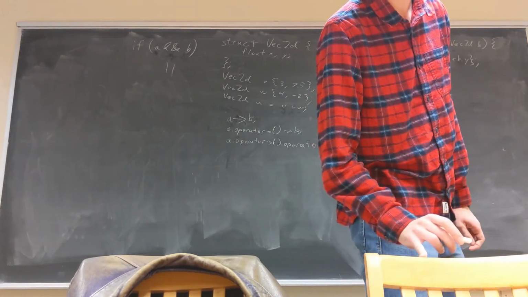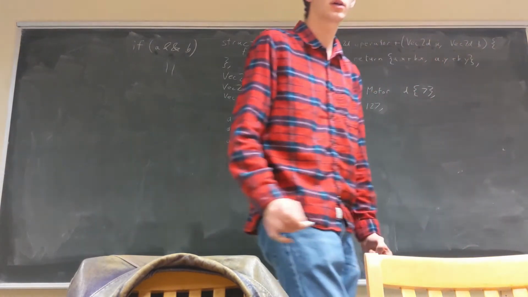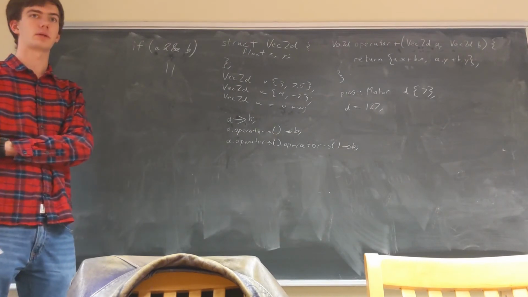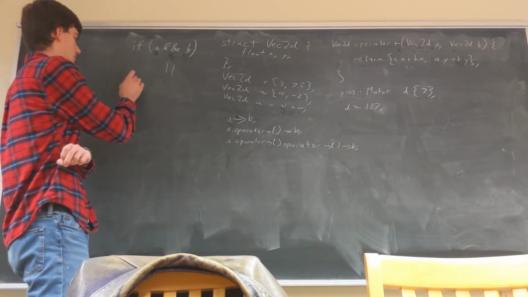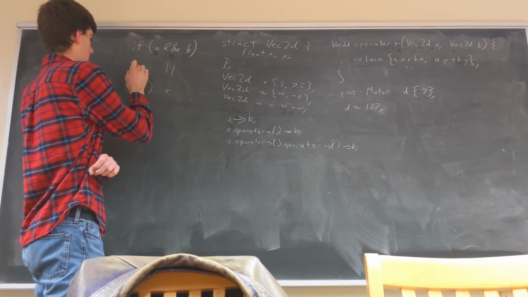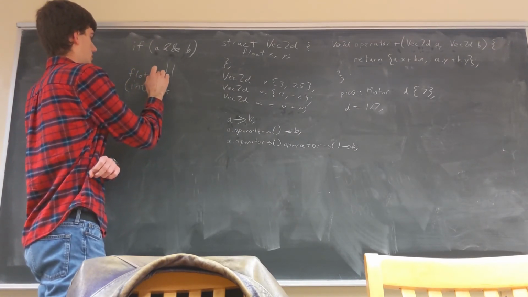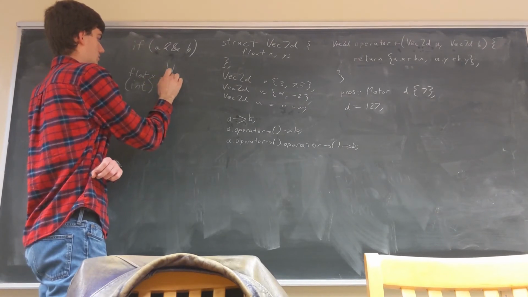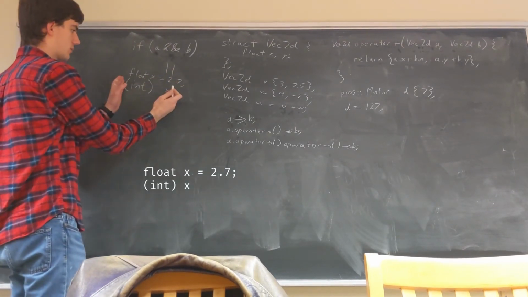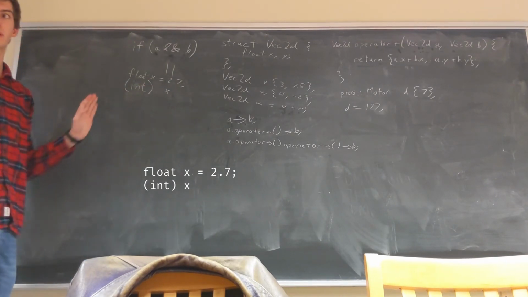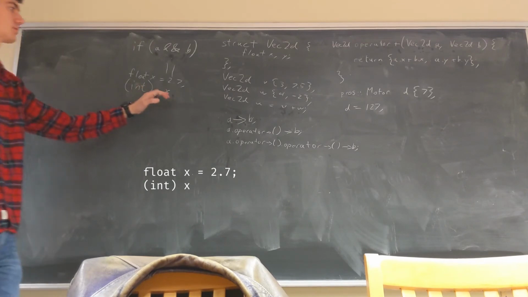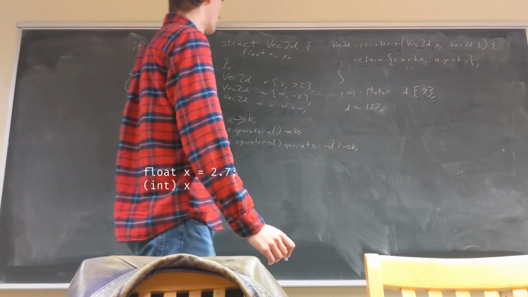One final short topic, conversions. So you can convert between different types in C++. For example, where I may have done float x equals 2.7, this expression results in the value 2, right? That's called a cast. You can define custom conversions for your type.